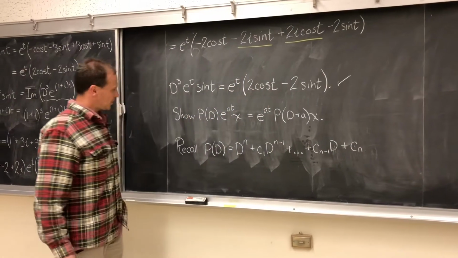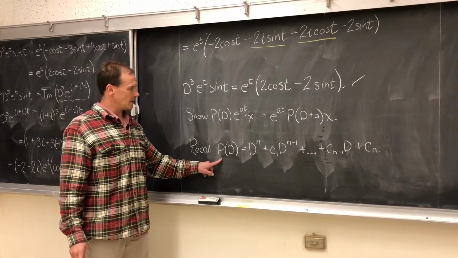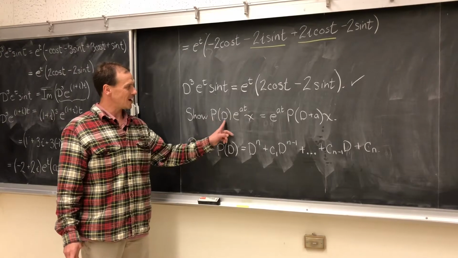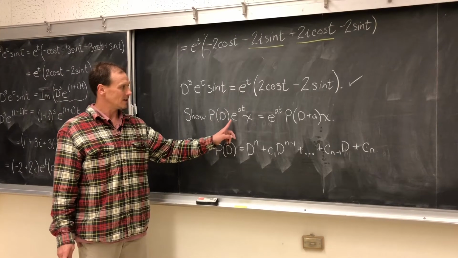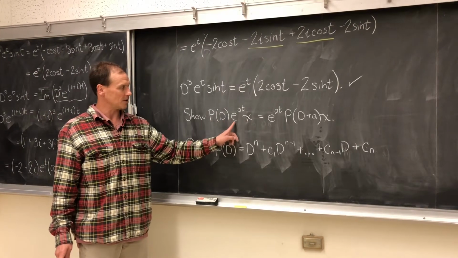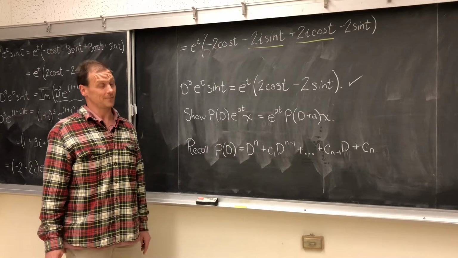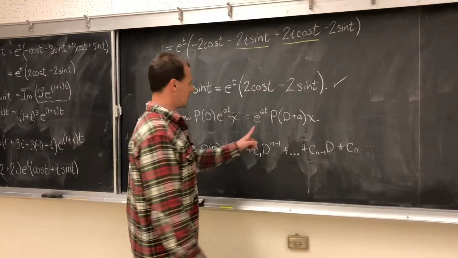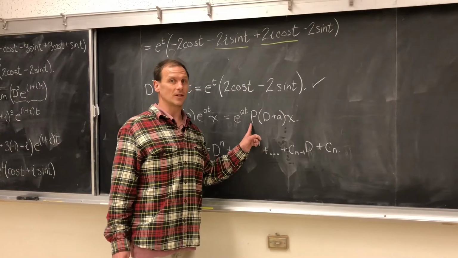Okay, so that was our polynomial of d, and now what we're going to do is apply this entire polynomial of d to our product of the exponential times a differentiable function. Let's see if we can end up with our shifted function.